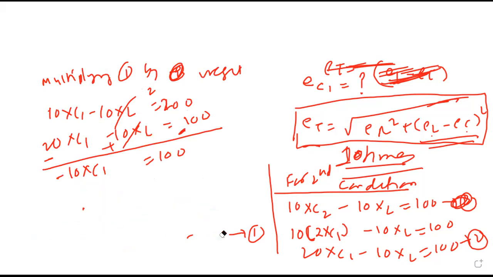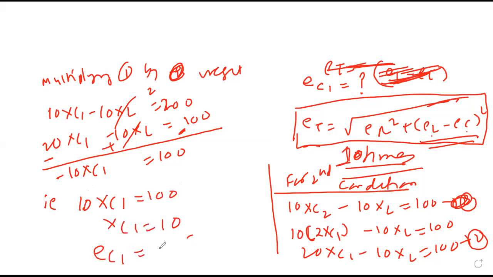Because we are not aware which is bigger, XL or XC, we got a difference. But while taking the final answer, you take only the magnitude. That is 10 times XC1 is 100. So XC1 is 10.